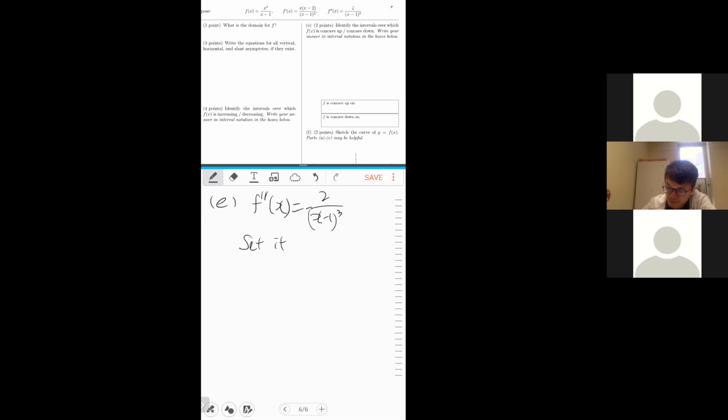Okay, so set it to be 0 or undefined. Does it have any undefined points?